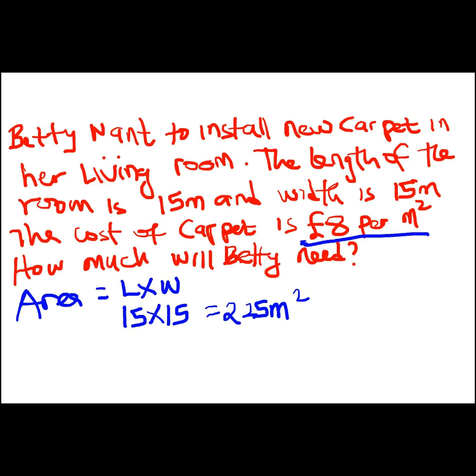Yeah. Is it okay? Because the cost for 1 meter square is 8. So for 225, it's going to be like 225 times what? Times 8. So what's that? It gives you 1,800.